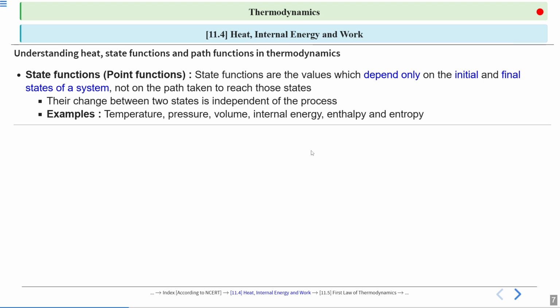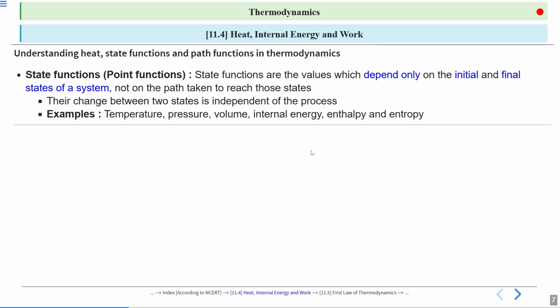Now think about it. If the initial state and final state both are the same, then what will be their specific change? In that case, it will be 0, because the initial and final states are the same.